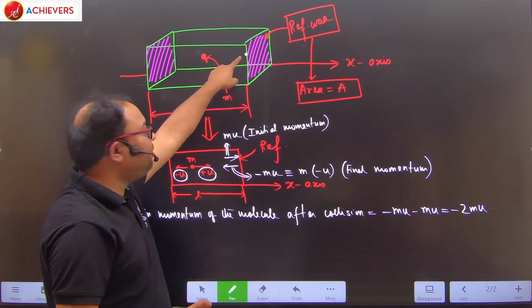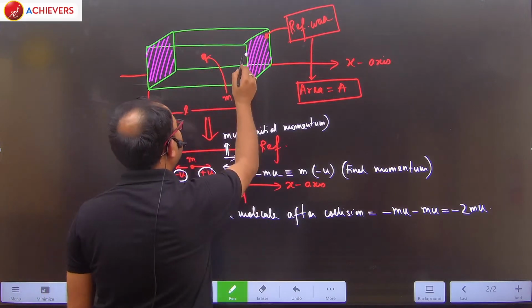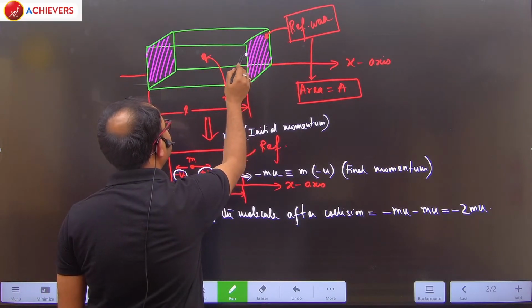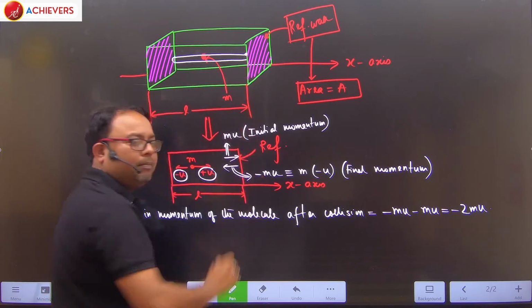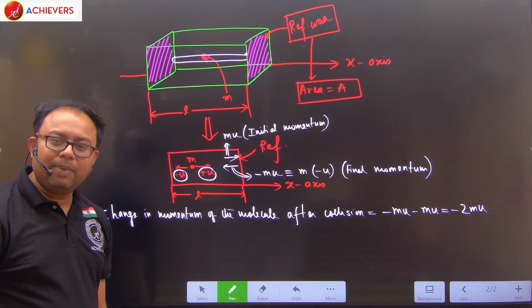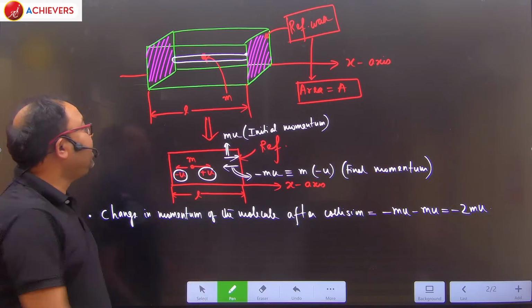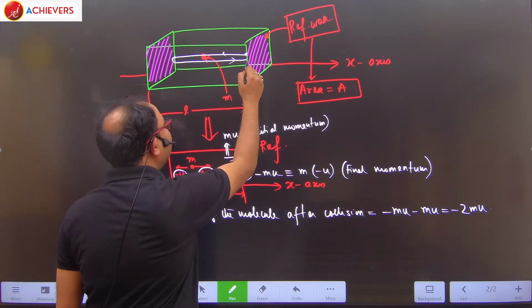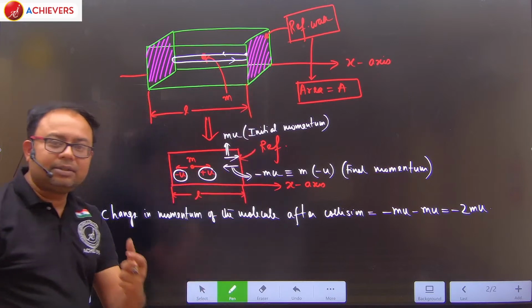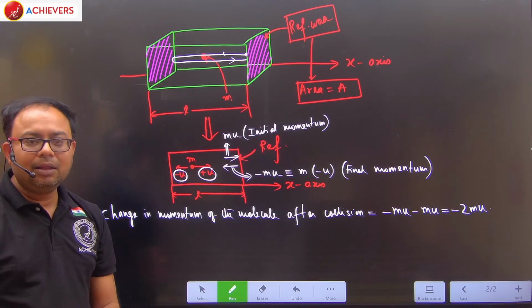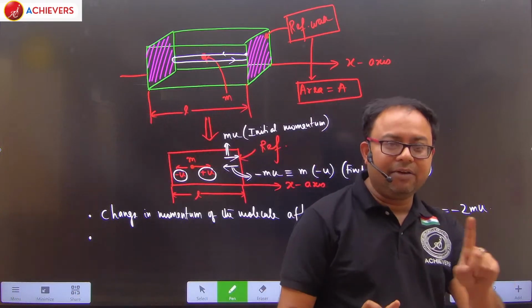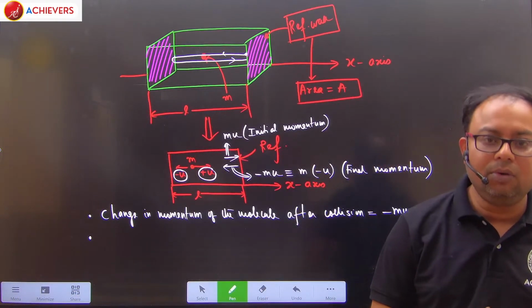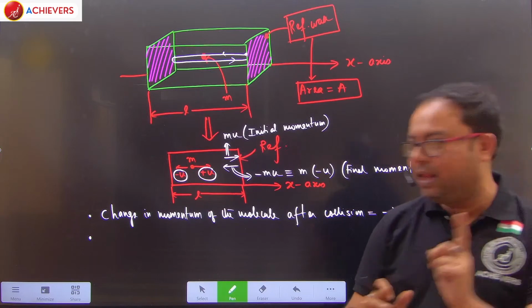After a collision with the reference wall, it has got to travel a distance L in this direction and it has to come back by a distance L so as to make another collision. So in order to make another collision with the reference wall, it has to travel a distance of 2L.